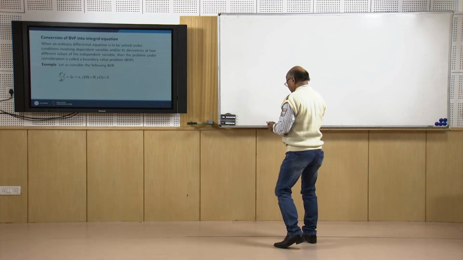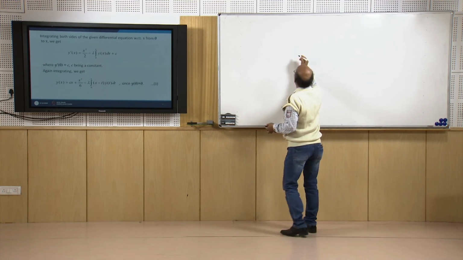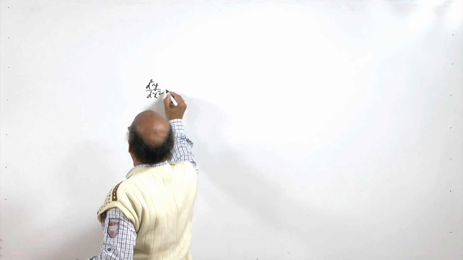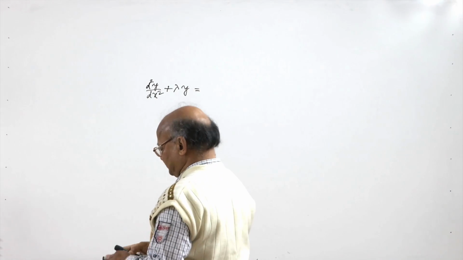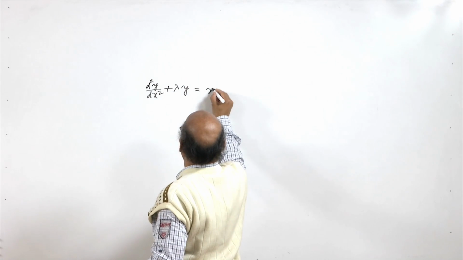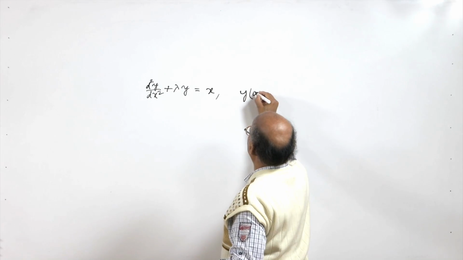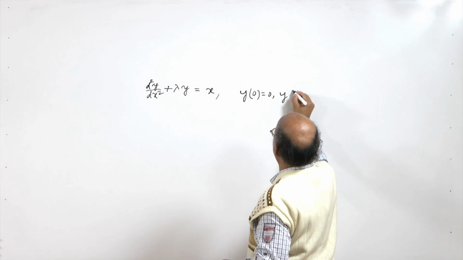So let us integrate both sides. We have d squared y over dx squared plus lambda into y equal to x, y(0) equal to 0 and y(1) equal to 1.